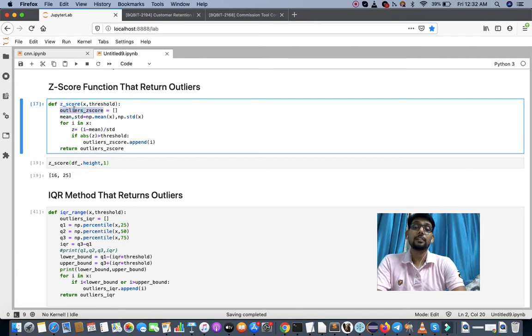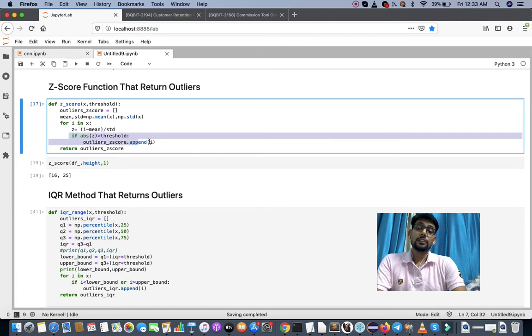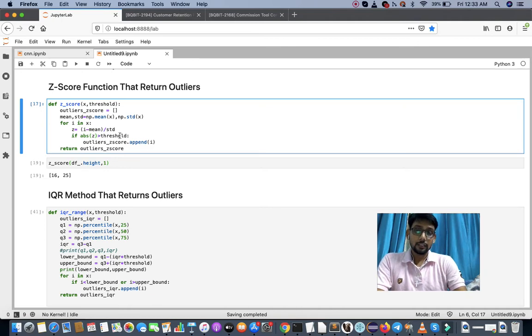Here I have defined one empty list, because I'm going to append outlier values to it. So using this z value, if absolute z is greater than threshold, it means the value of z is below the minus threshold or above the plus threshold, and we store such points into the outlier z-score list. At the end of this code we return this outlier z-score list from the function. Now let's call this function.